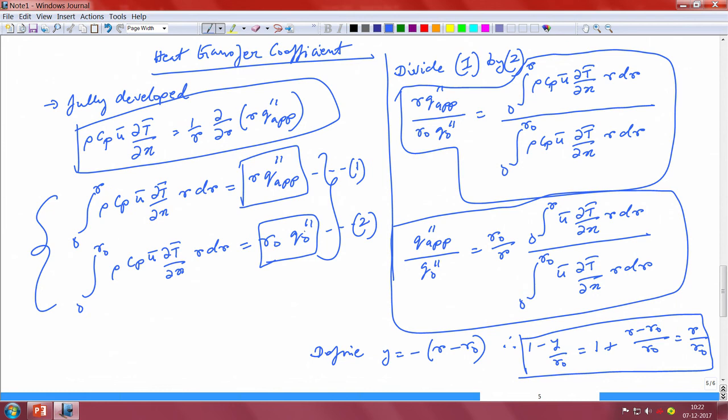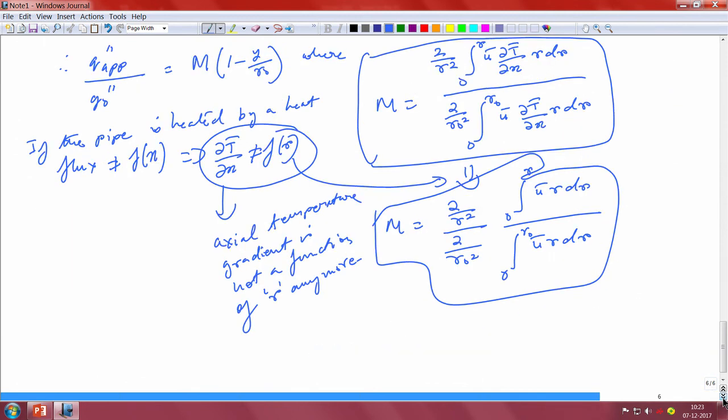One is q apparent, one is q naught double prime. We have taken the ratio of the two, we have defined another variable, a substitution basically, and we have defined that this variable is a function of m, and this m is given by this particular quantity over here. Then we argued that your axial temperature gradient is not a function of r. In that case, it just boils down to something like this. Okay, remember the integral limits are different. So, in the next class we will see how this can be further simplified, so that we can get some insights about what is going on in this kind of pipe flow. Okay, thanks.